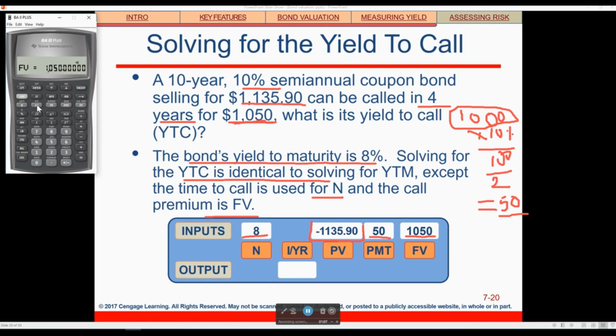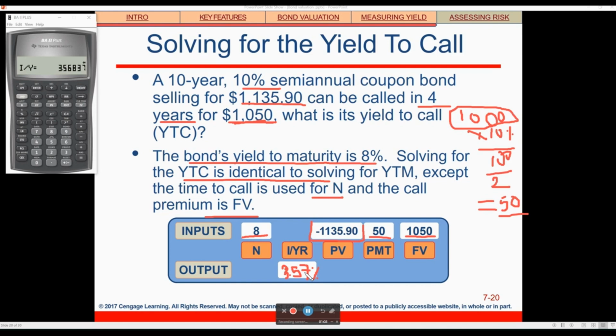And you compute I/Y. That will give you 3.5687837, so roughly 3.57, or about 3.6%. But remember, your yield to call is always an annual rate.